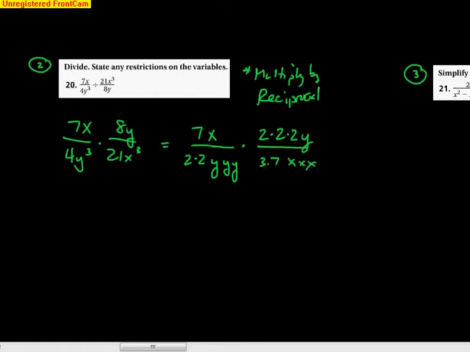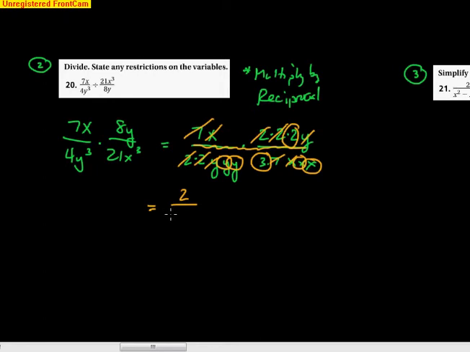And now, I'll draw my big bar, and I will start to cancel things. 7, 7. This x, one of those x's. 2, 2, 2, 2. This 2 stays there. Y, y. Okay, so all the top is just the 2 now. And now the bottom, this y stays, this 3 stays, this x stays, that x stays.